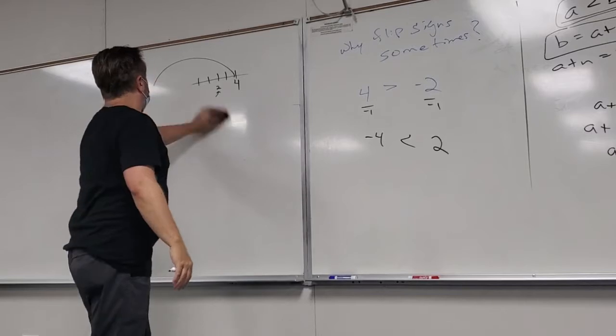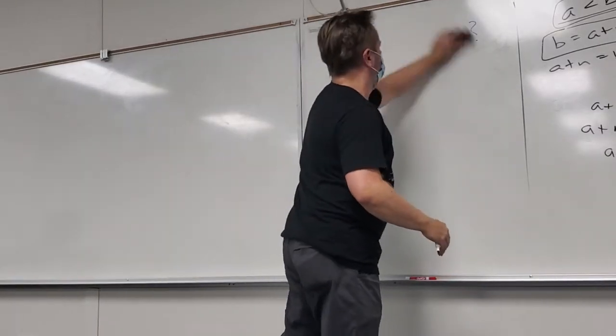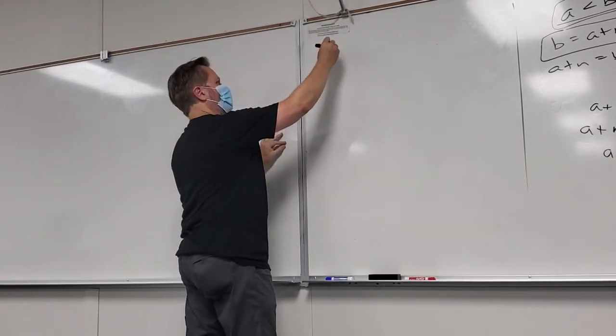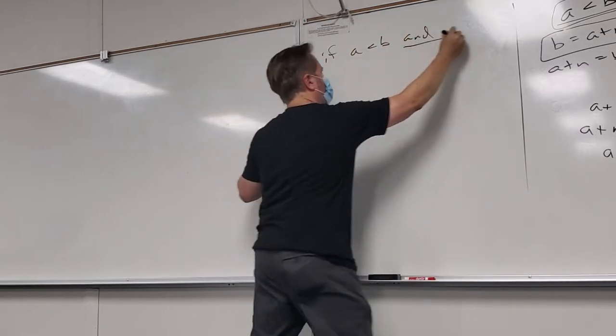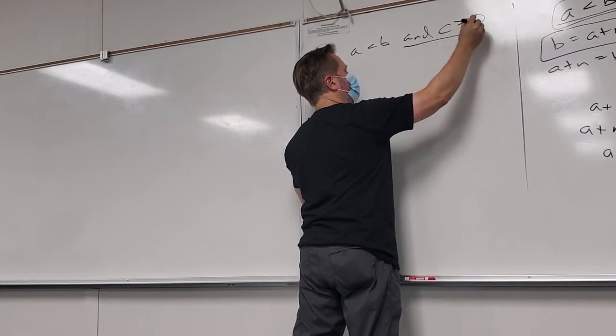All right, let me see. So you'll see this in your book. If A is less than B and C is greater than 0.